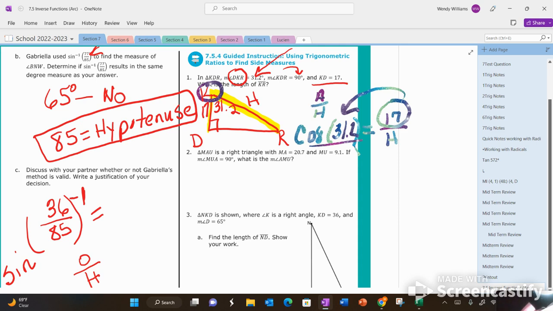And remember, we put that in the calculator, 31.2 cosine, and the magic thing is we hit the equal key. Rounding to the nearest tenth, we get 19.87 or 19.9.